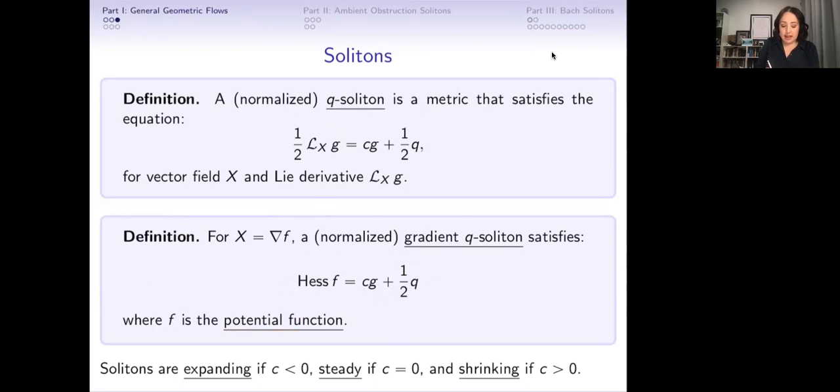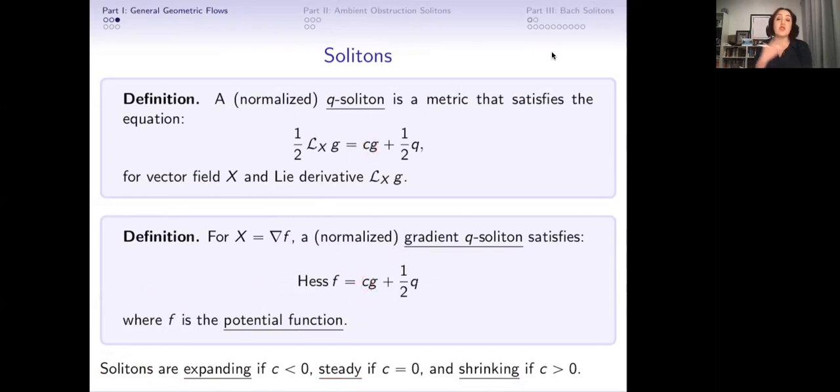And then we're going to say that our solitons are going to be one of three things. They're expanding if my constant here, C, is negative. If C is equal to 0, our solitons are steady. And if C is positive, we'll say that our soliton is shrinking.